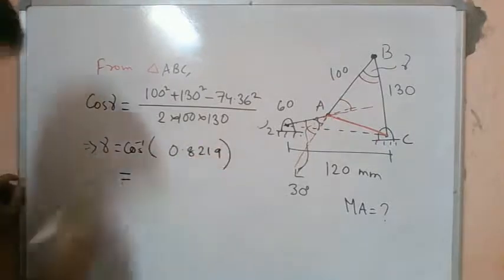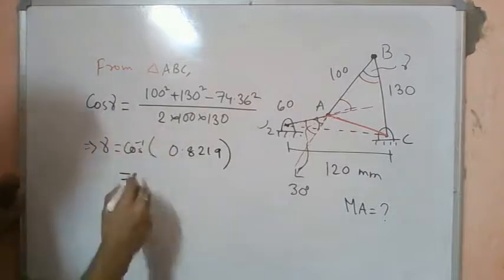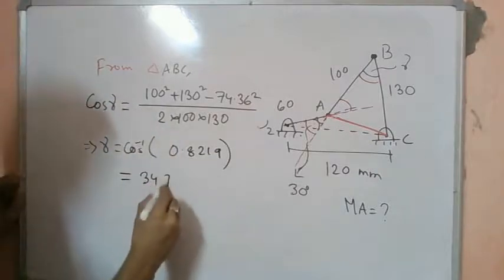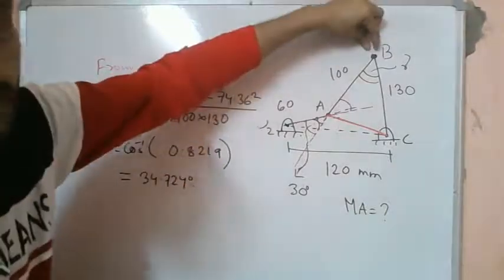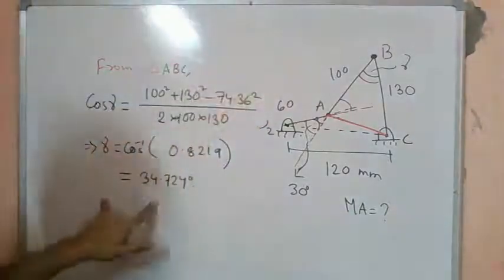So this output angle gamma comes out to be 34.724 degree.